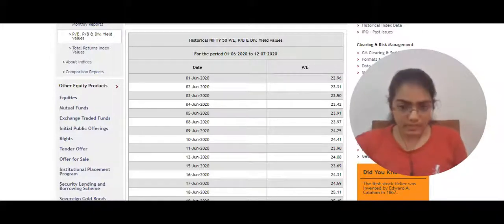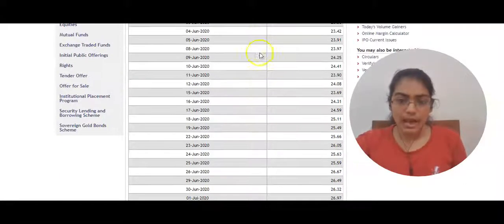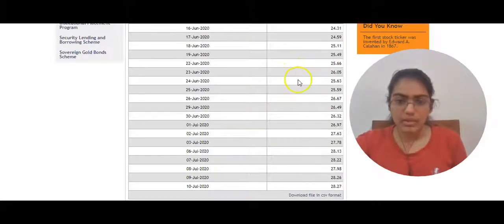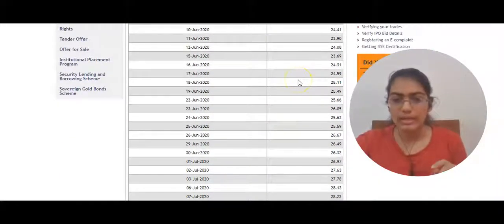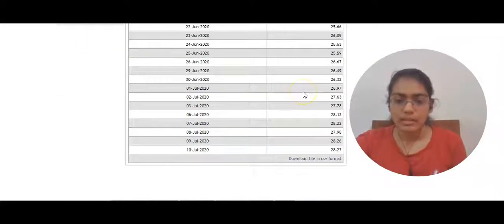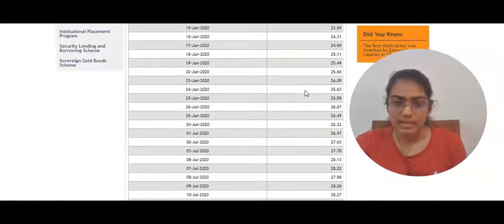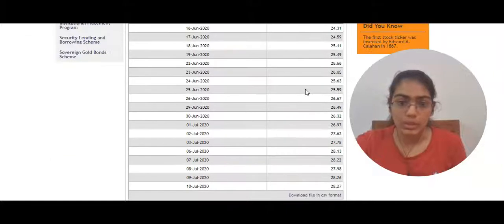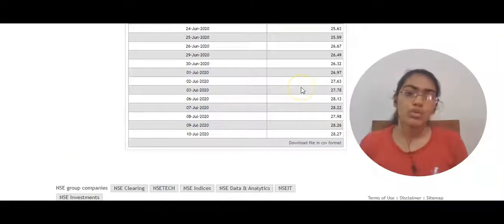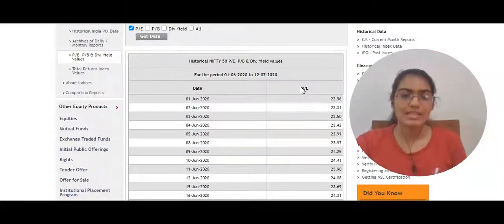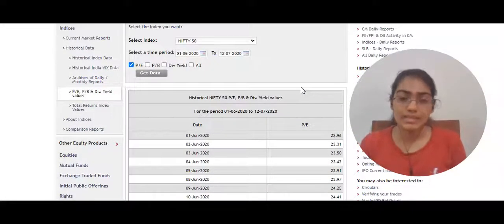In this case, the average, as I can make out, is about 26, and it's constantly rising, as you can see that it went from 22 to 28. So now it's clearly overvalued.